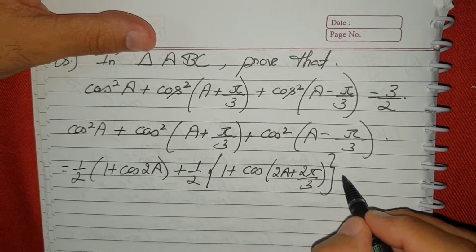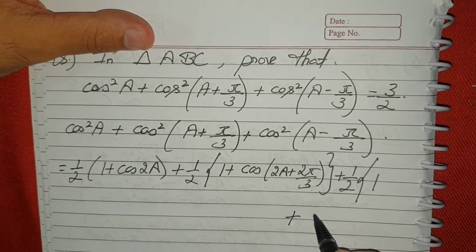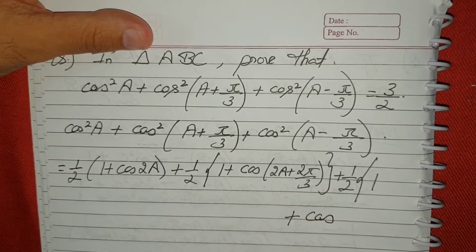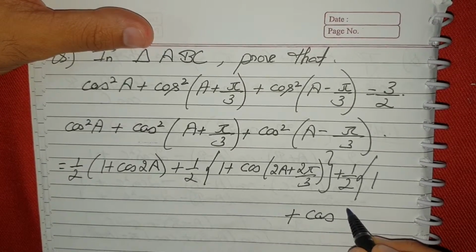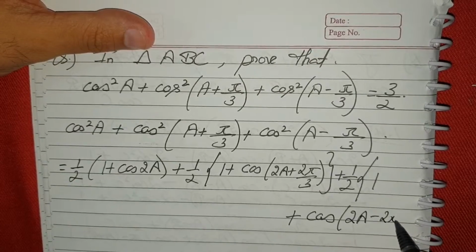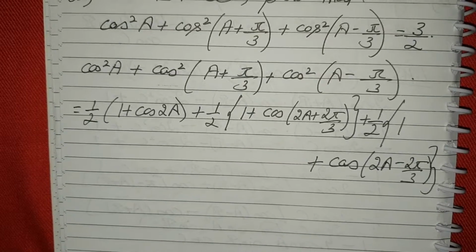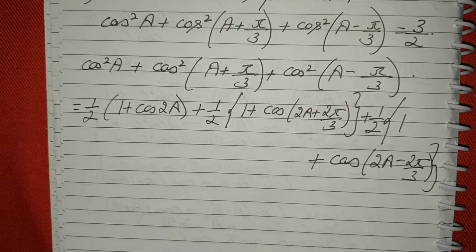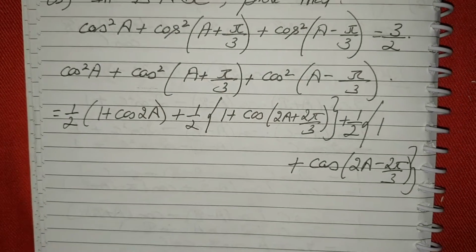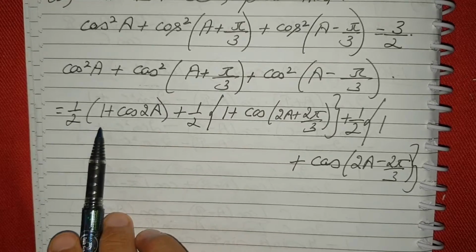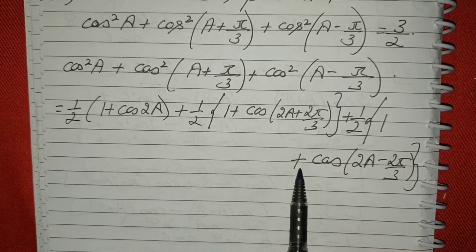Then again plus half, big bracket, 1 plus cos of 2A minus 2 pi by 3. This is how you write, converting cos square A as half of 1 plus cos 2A. Okay, now the next step. When you open this bracket, this will be 1 by 2 plus half of cos 2A, again 1 by 2 plus half of this thing, plus 1 by 2 plus half of this thing.